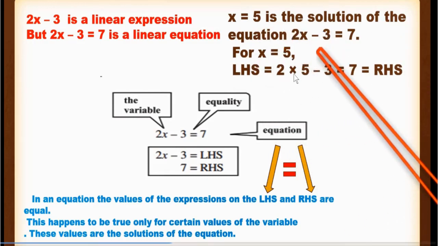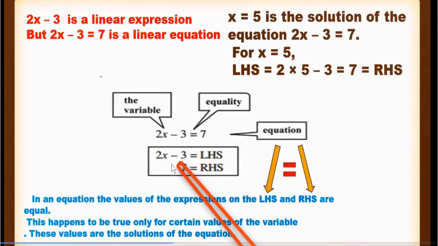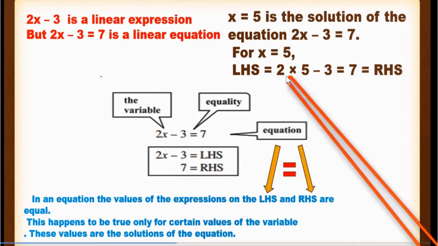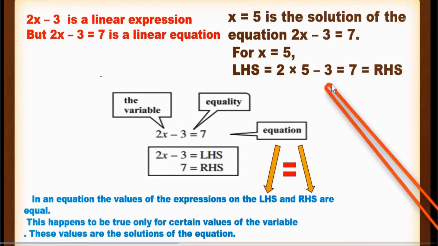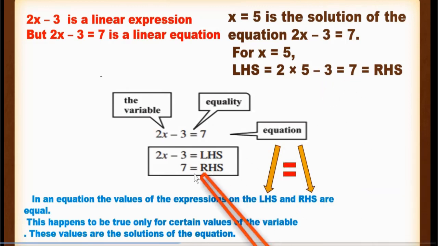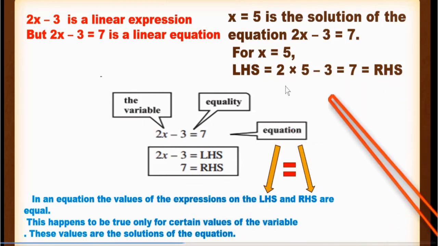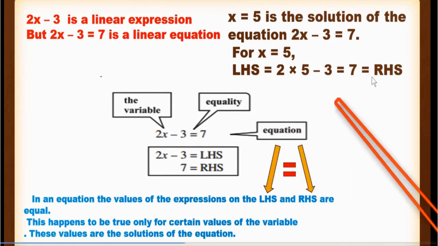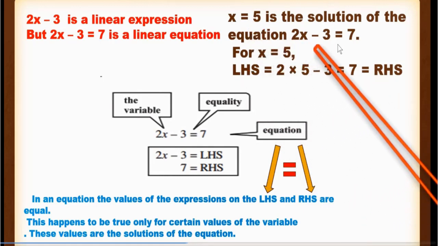For example, if we put 5 in the place of x in the LHS, then we will get 2 into 5 minus 3, which is 10 minus 3, that is equal to 7. Therefore, LHS is equal to 7. RHS is equal to 7. When both the values are equal, then x equals 5 is called the solution of the equation 2x minus 3 equals 7.